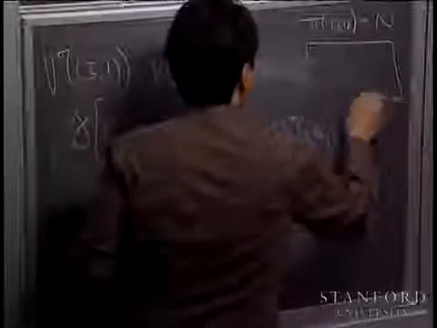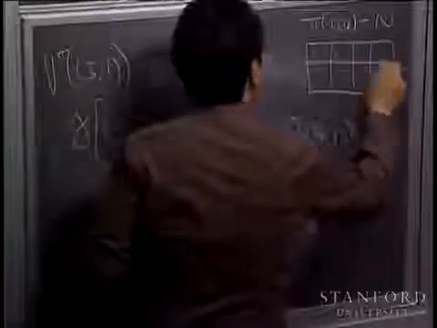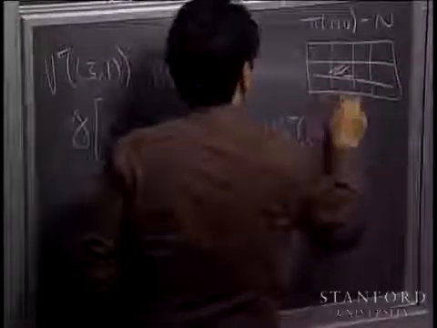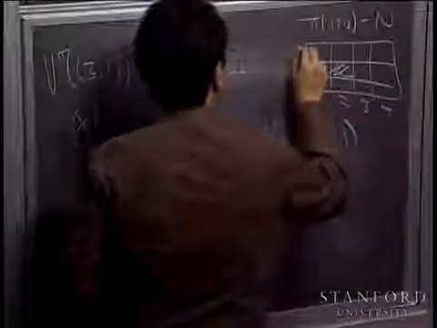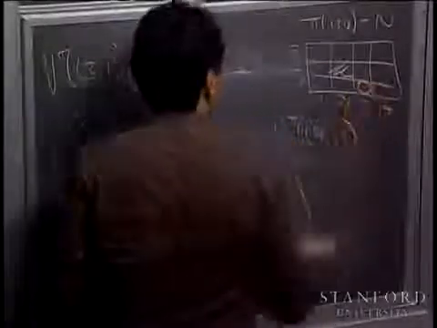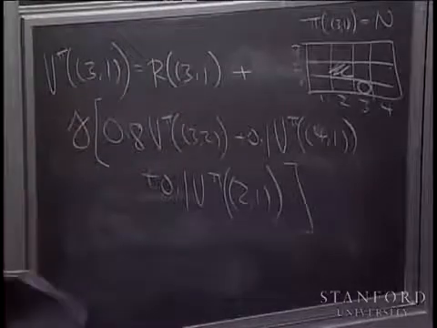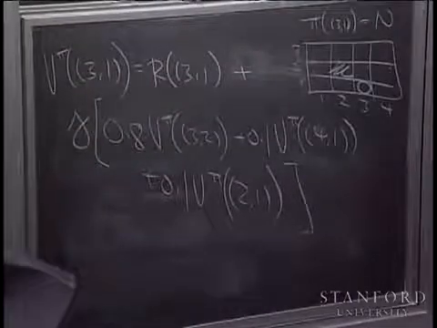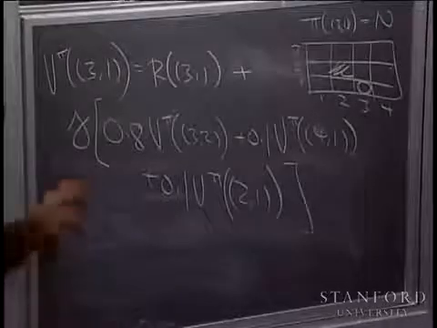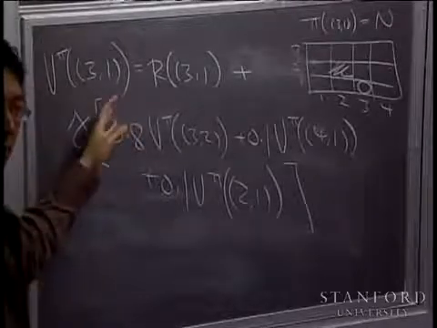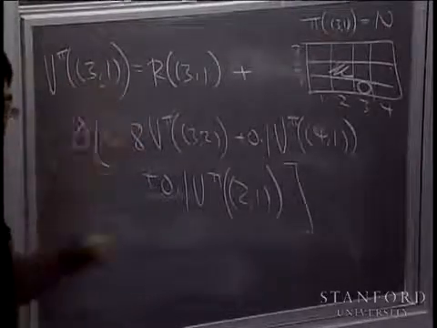I hope you know what I mean. So in my little MDP, I'm indexing the states 1, 2, 3, 4, 1, 2, 3. So this state over there, where I drew the circle, is the (3,1) state. For every one of my 11 states in the MDP, I can write down an equation like this. I've just done it for one state.